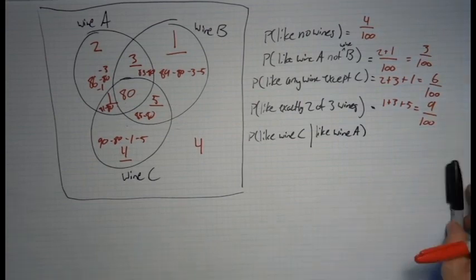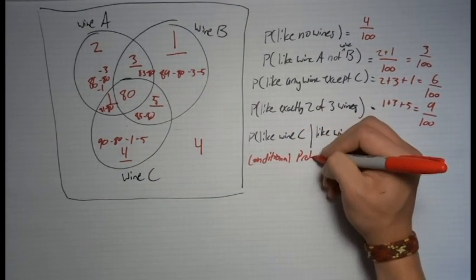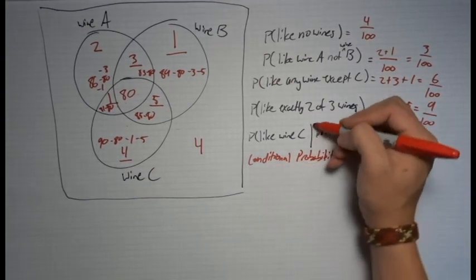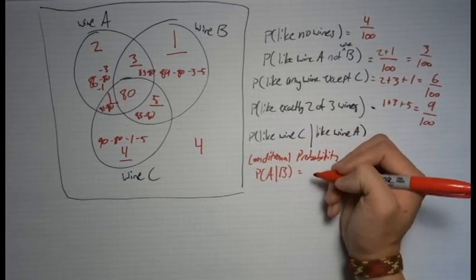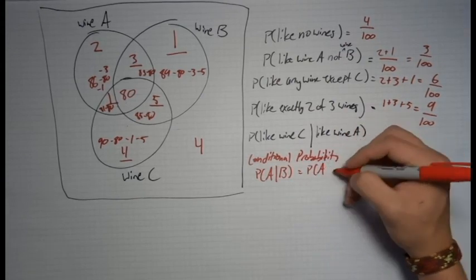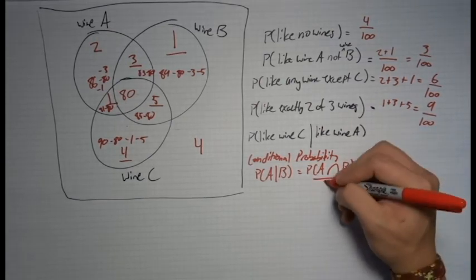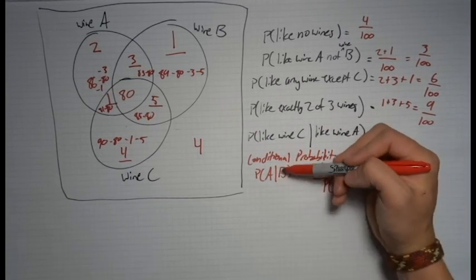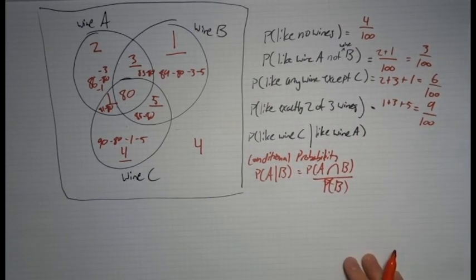What conditional probability is, whenever we have this line right here that stands for given: the probability of A given B is equal to the probability of A and B (this arch thing stands for and) divided by the probability of B. So the probability of our given event, the given wine A, they like wine A, is always going to be our denominator. And the probability of A and B happening is going to be our numerator.